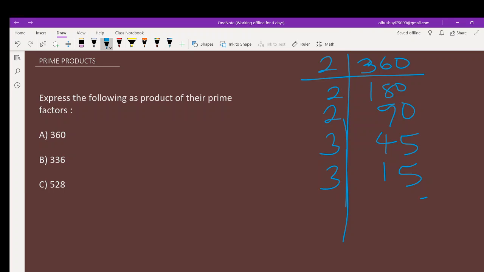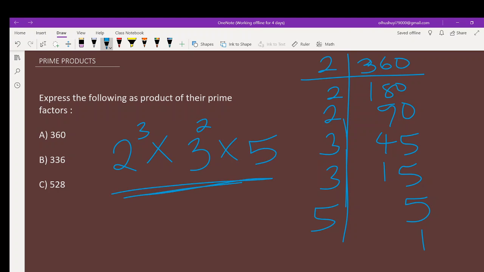So 3 here you have 5, then 5 here you have 1. So that's correct. 2 raised to power 3 times 3 raised to power 2, then times 5. This becomes the prime product of 360. Sorry about the first error. This is what you should have.